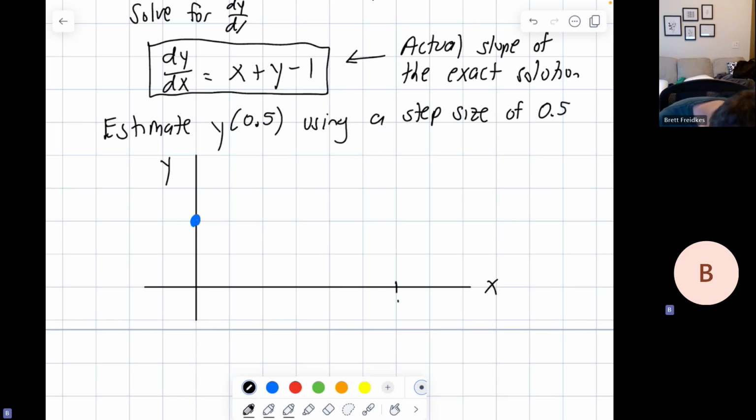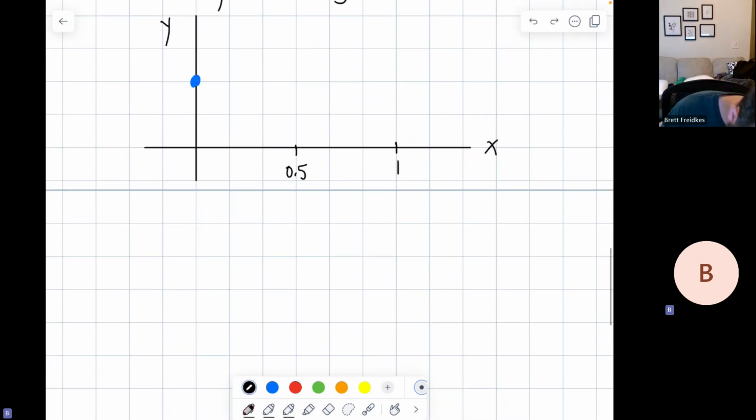Let's say that this point is 1. Therefore, this point would be a half. Our goal is to figure out what our y value is in this location. We don't know what it is. So what we're going to do is determine what our current slope is and what our slope at a nearby point is to estimate what that is. So we'll come back to this picture.